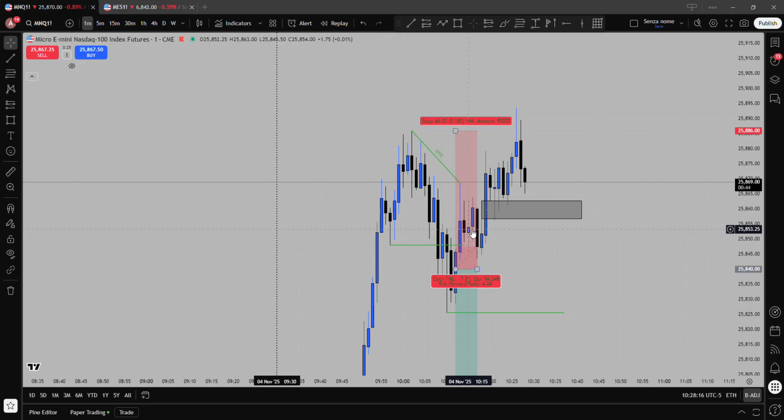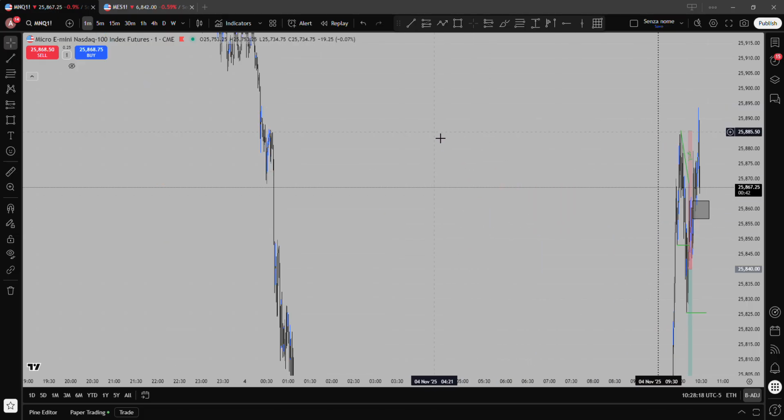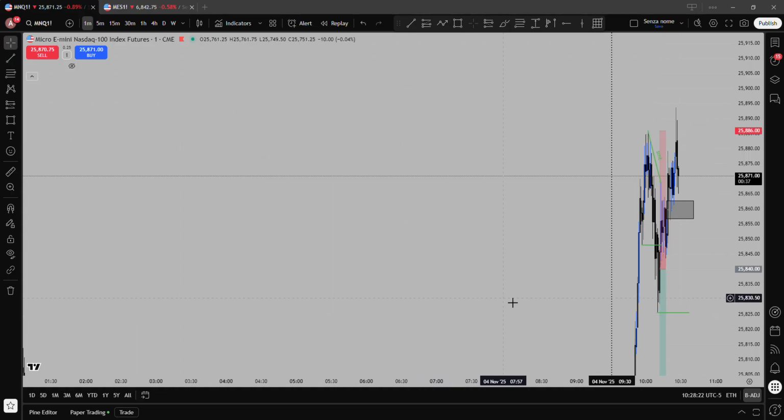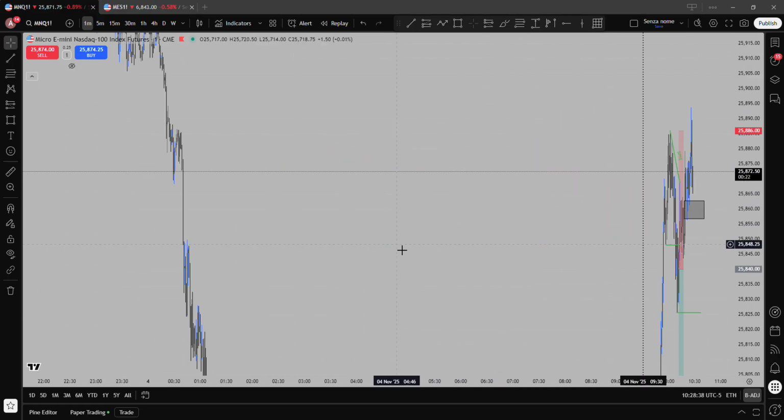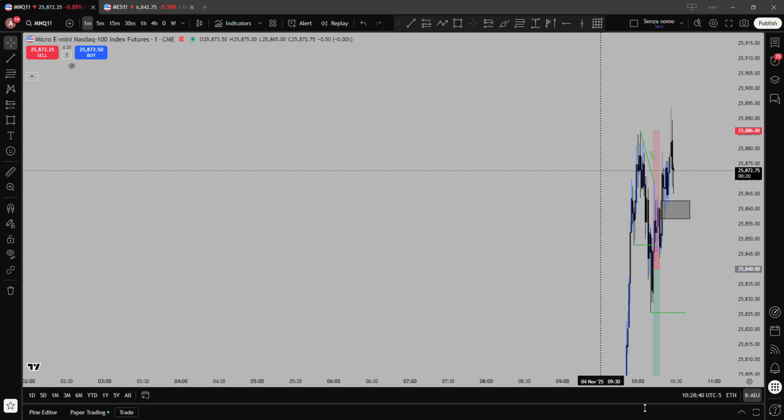We tapped into basically there was a fair value gap here on the 15-minute. So we tapped into that, I think. Not sure about it, but I don't care. It's not that important because it's very far from the chart.